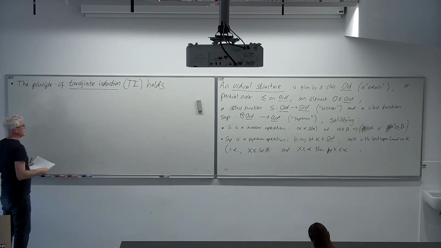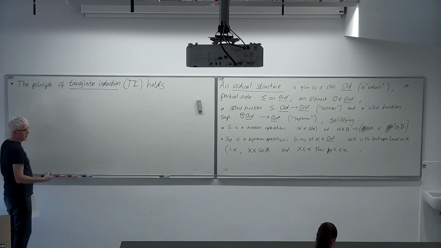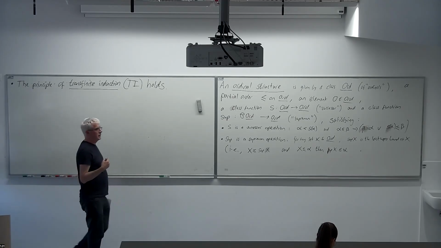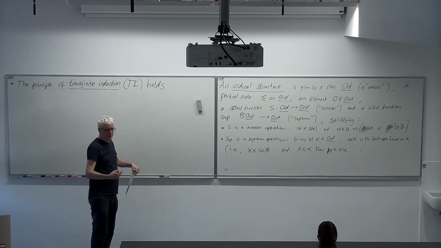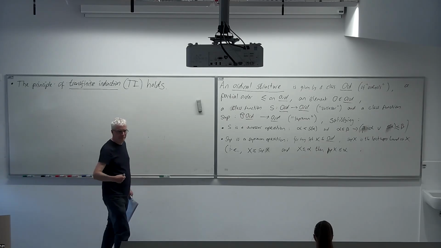So the principle of induction for natural numbers says if you've got any subset, or more generally, as we first formulated it before the axiom of infinity, if you have any subclass of the natural numbers that contains zero and is closed under successor, then that subclass is the whole of the natural numbers.